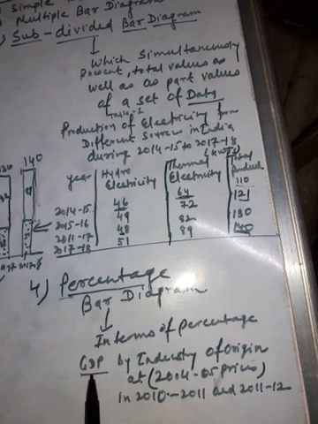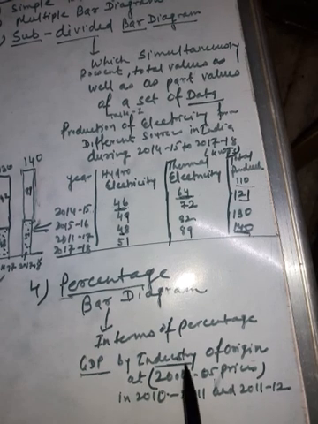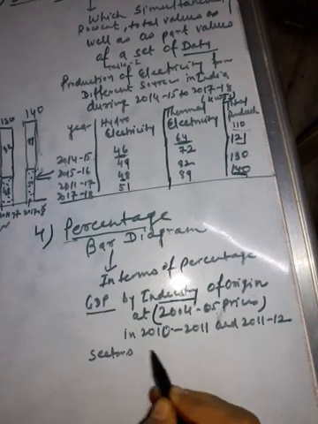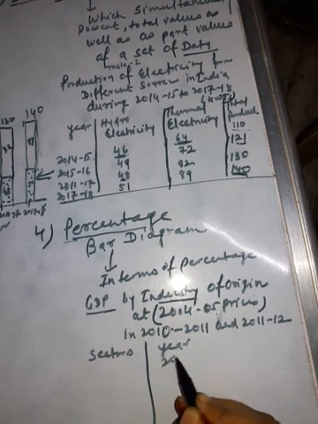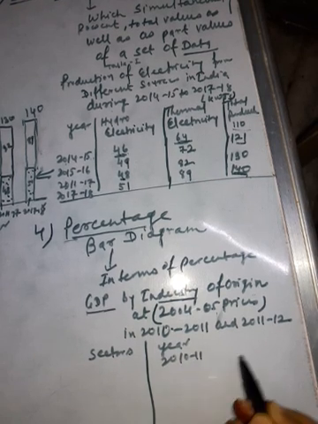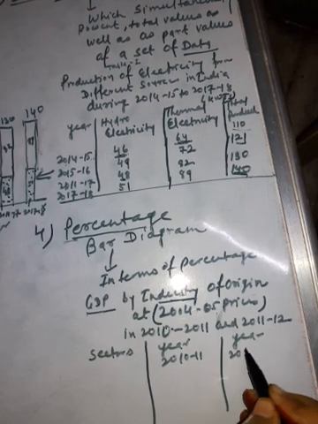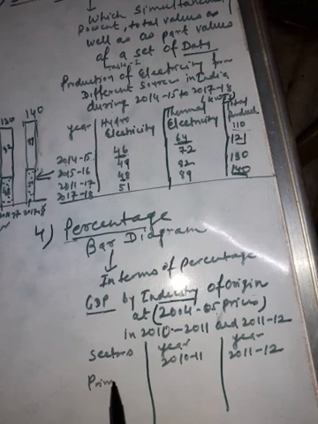Suppose we have GDP, gross domestic product by industry. Suppose here data is given by sectors, then year 2010-11 and 2011-12. We have three sectors in the economy.